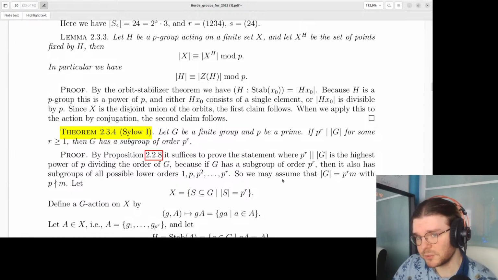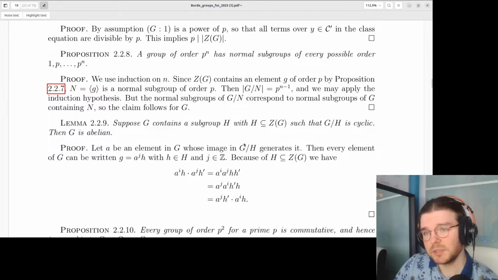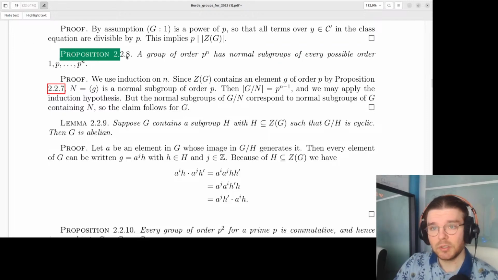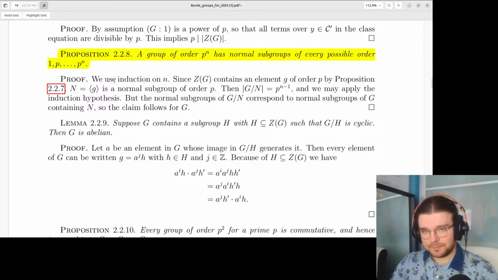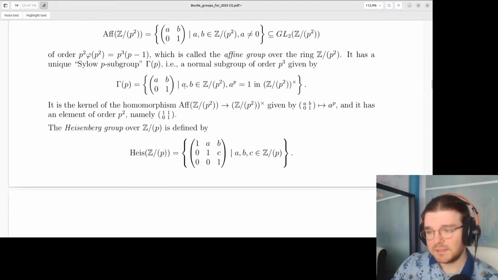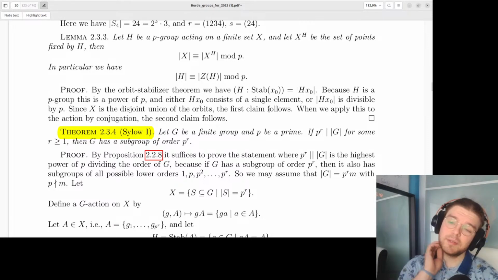So okay, what was 2.2.8? 2.2.8 was a group of order P to the N has normal subgroups of every possible order. Yeah, that's an important proposition because that actually makes this Sylow theorem a little bit less remarkable.